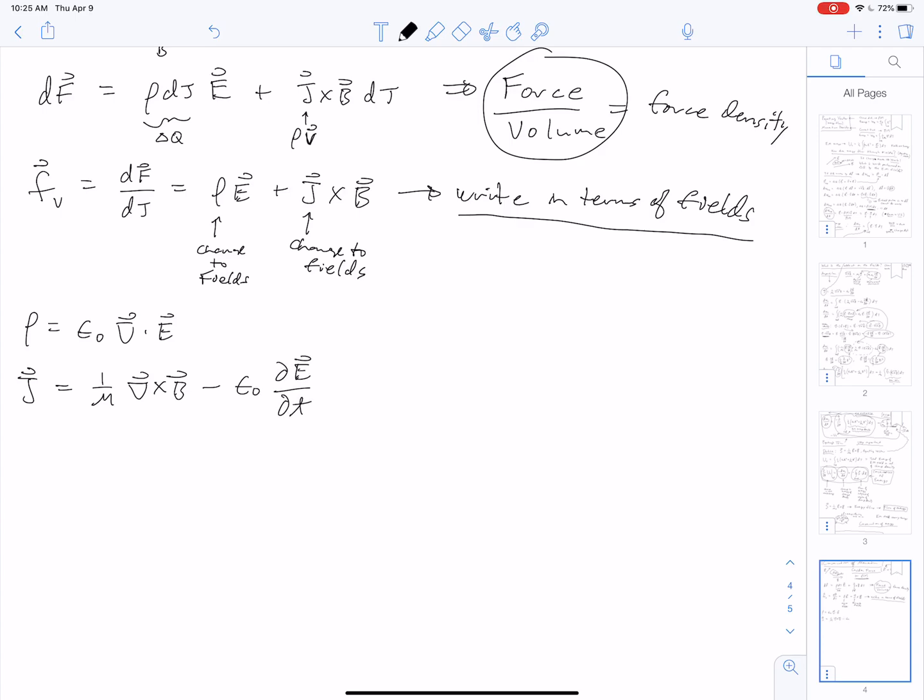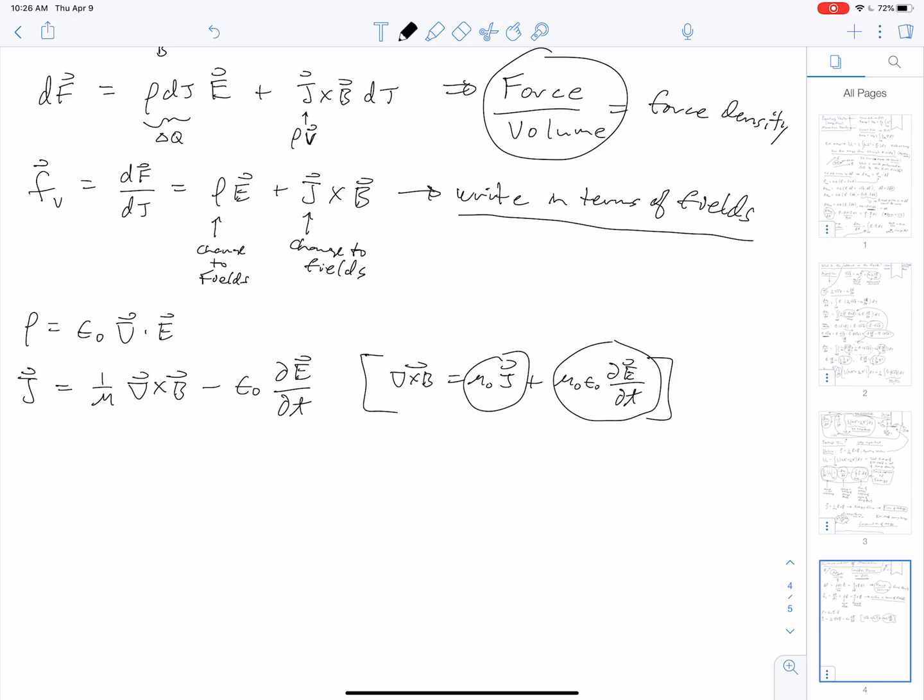This is the same thing we did a few minutes ago. It comes from Ampere's law: del cross B is equal to mu naught J plus mu naught epsilon naught dE/dt. So from Ampere's law, if I have current, then I must have curl in my B field, but I might also have some changing electric field too.